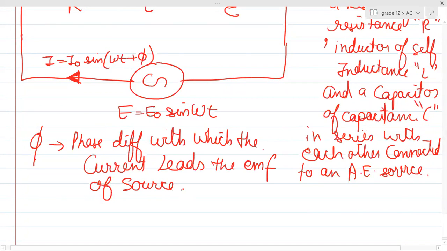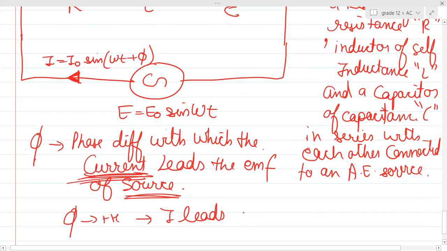So this is the phase difference with which the current leads the EMF of the source. Is this clear? Please remember, here phi I am assuming is current leading the EMF of the source, right? So if phi is positive, that implies current leads EMF. And if phi is negative, that implies current lags from EMF. Is this clear?